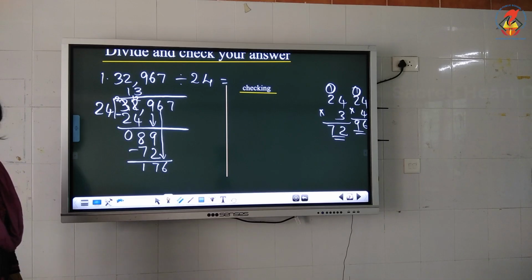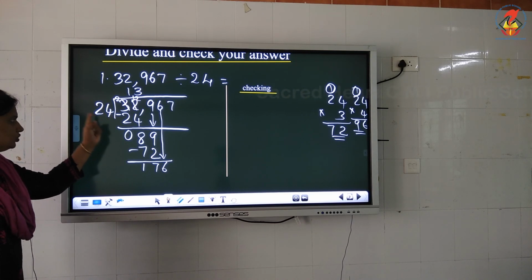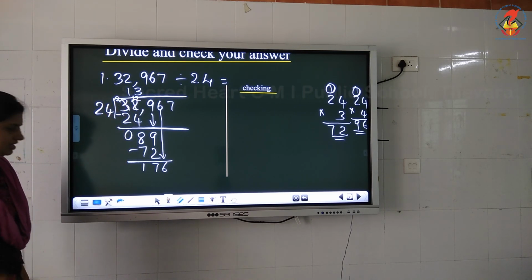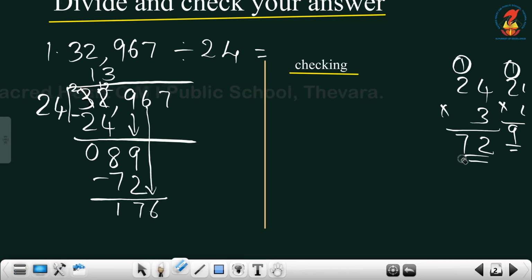Then it will become 176. After that I need to check 24 into which number equals 176. That we can do here. 24 fours are 96, we got, right?